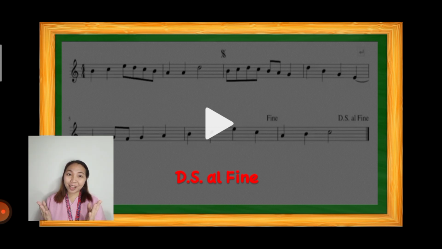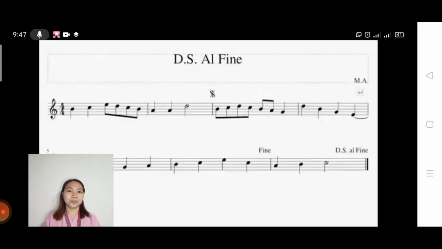And here is an example of the DS Al Fine or what we call Dal Segno Al Fine. So nakita ninyo nga naa'y sign nga S diha, mubalik siya diha nga sign.